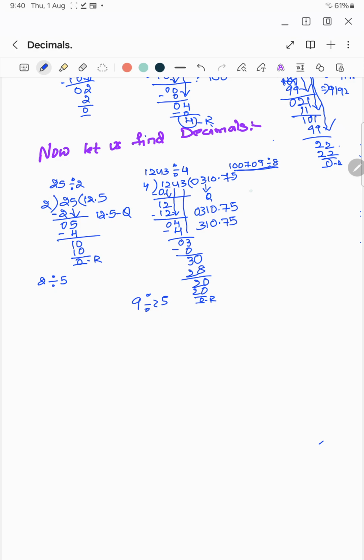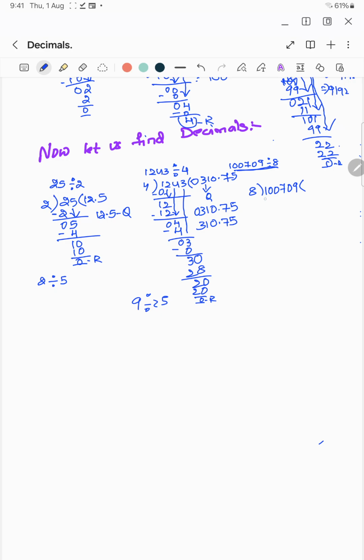1000709 divided by 8. First, check the first digit. We have to find the multiple of 8 which is less than or equal to 1.